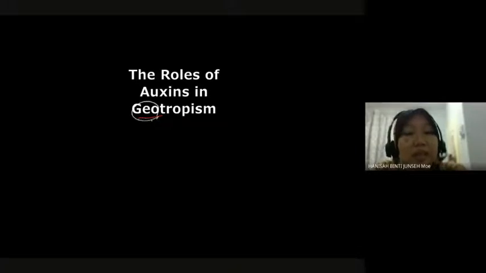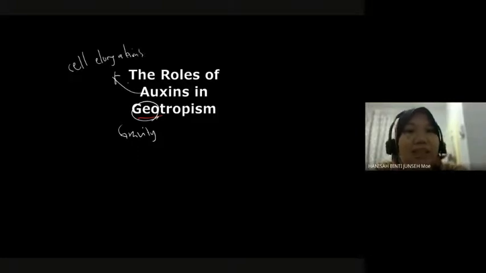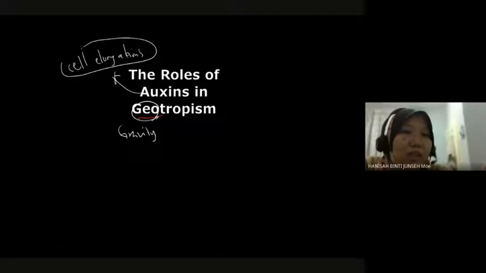Okay, so geo means earth, so it's a response towards gravity. So auxin, again, auxin memang kerja dia adalah untuk cell elongation saja lah. Adalah kerja dia lain, tapi maksudnya ada function yang lain. Ini kita sudah bincang dalam phytohormones. Tapi in this topic, you need to understand that auxin stimulates the cell elongation.